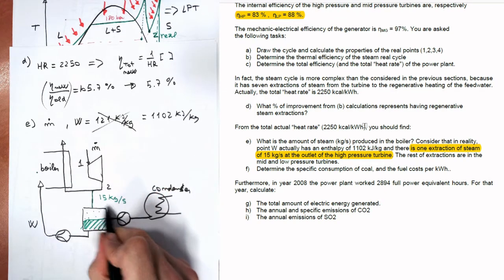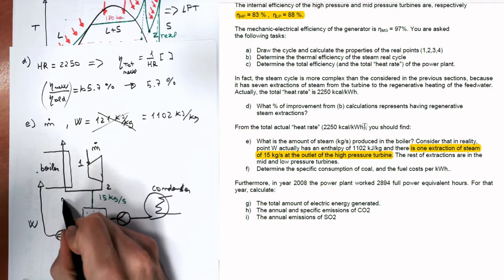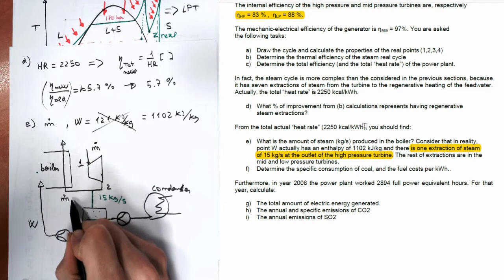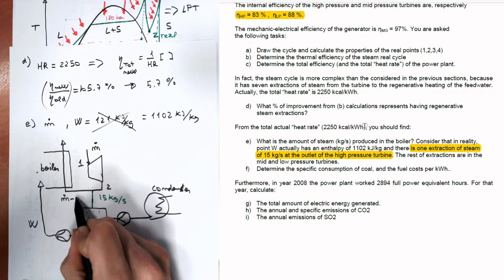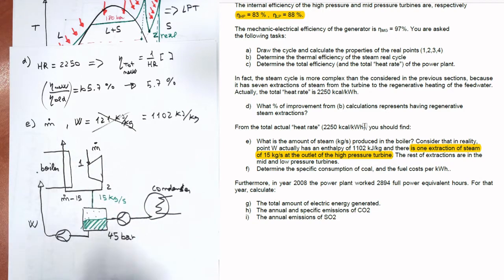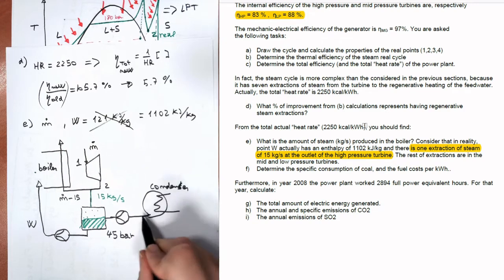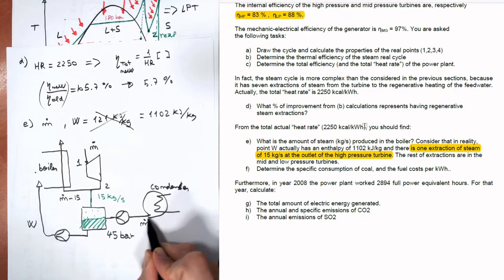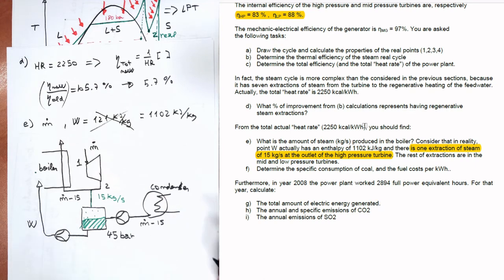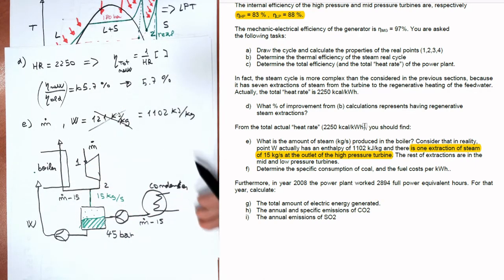And if this is 15 kilos per second, we know that the mass flow here will be m minus 15. Okay, here we have the total mass flow coming here. The total mass flow, no, sorry, m minus 15 as well, because it's coming from this side.